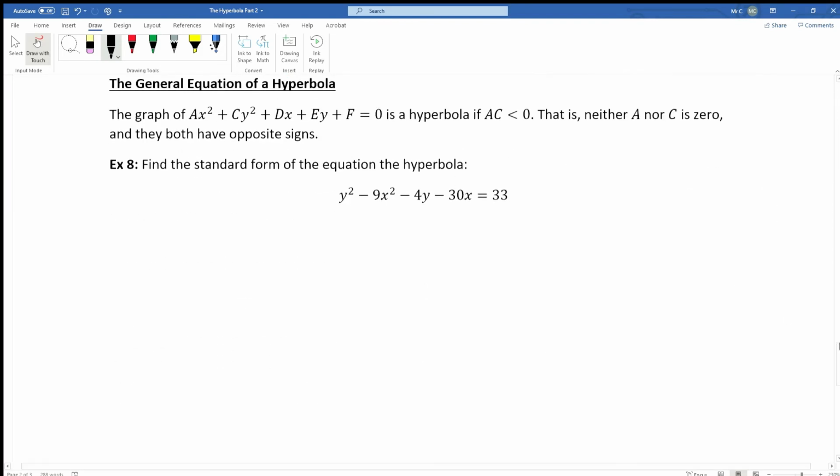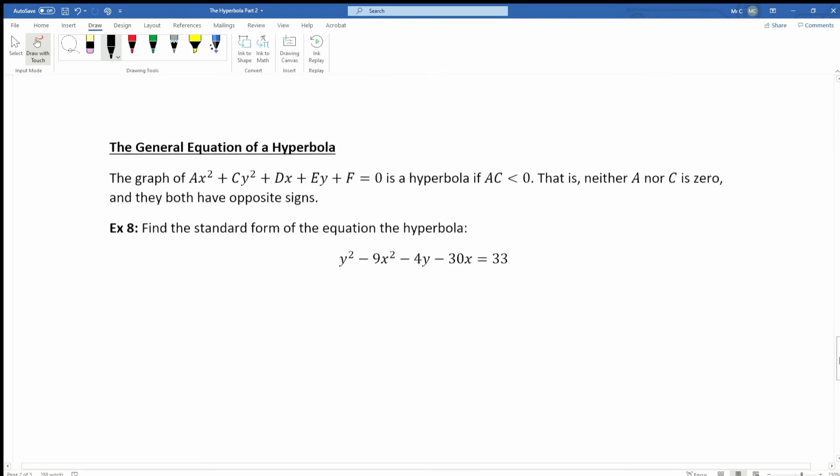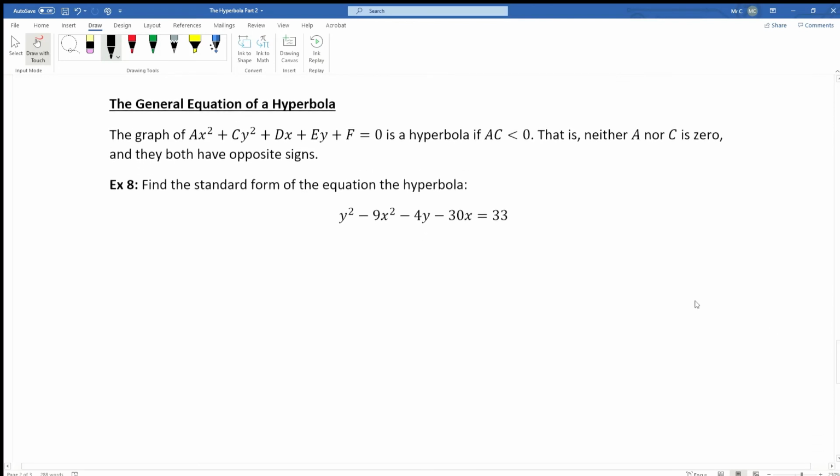Now let's just take a look at the general equation of the hyperbola. So this is similar to our cases for the parabola and the ellipse. We have ax squared plus cy squared plus dx plus ey plus f equals 0. And it's a hyperbola if a times c is negative. That is, neither a nor c is 0 and they have opposite signs.